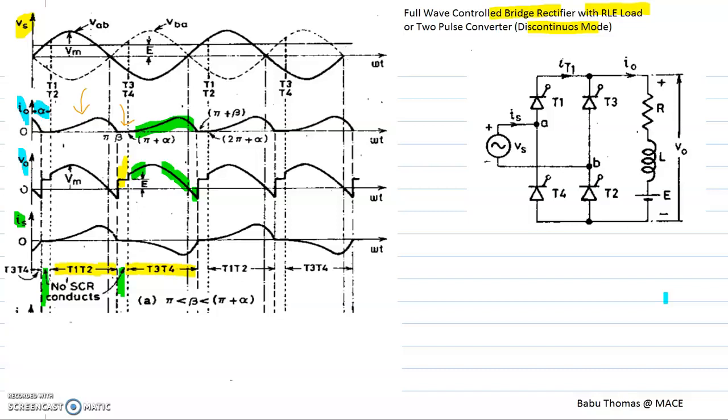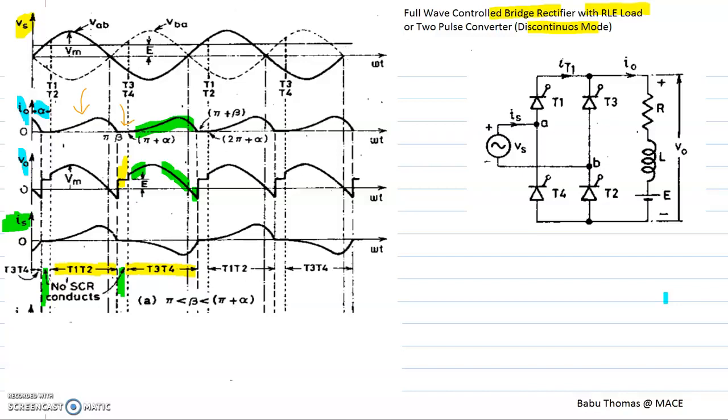Now we will also see how the source current IS is going to behave during each conduction period. So the source current IS will be having the same magnitude as the current I0, but the direction will be changing depending upon the conduction of the thyristors T1 to T4.